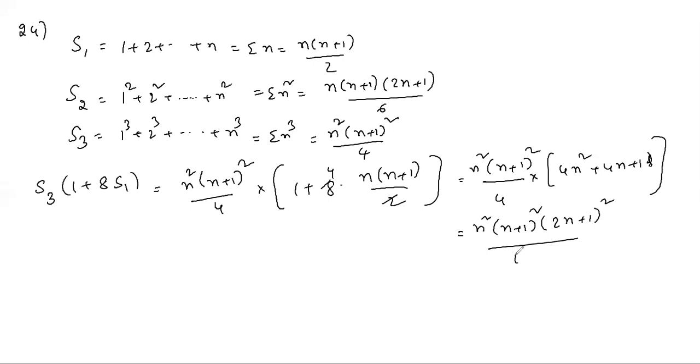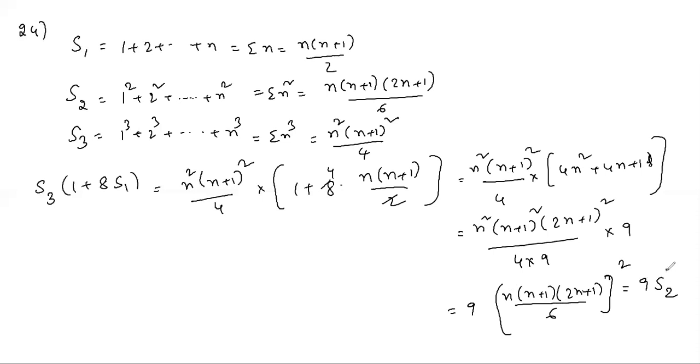You multiply with 9 and divide with 9. So 9 into n into (n plus 1) into (2n plus 1) whole by 6, whole square, since 36 is 6 square. So this is 9 S2 square.